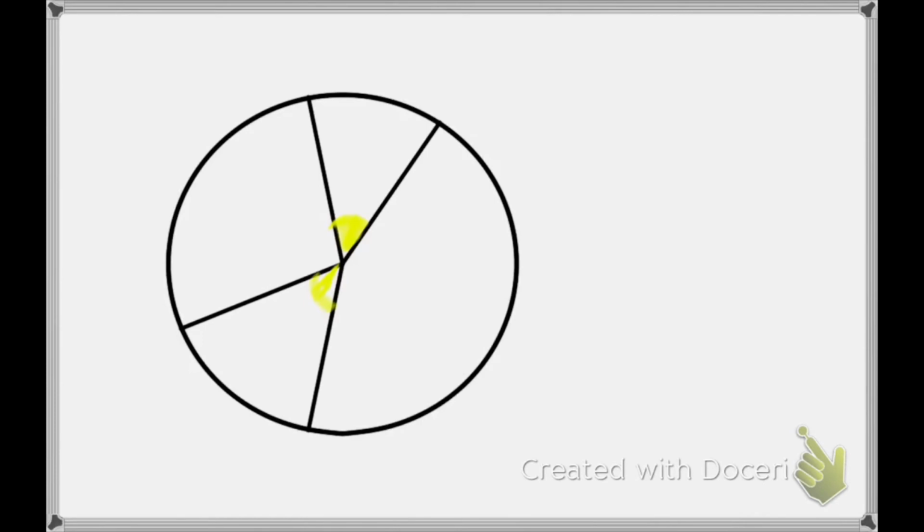If I were to connect the endpoints like that with a chord, and then so I have my central angle, I have my chord right here, and then I also have my arc. So those are the three parts that we're looking at right now.